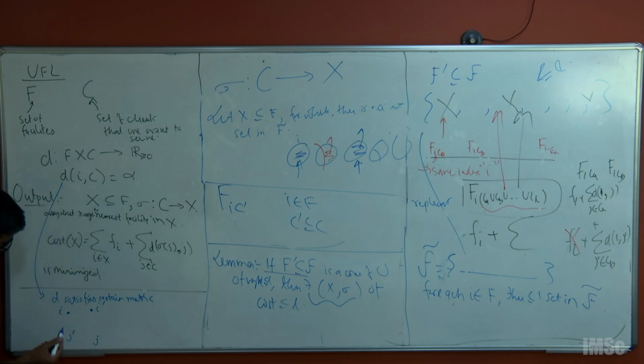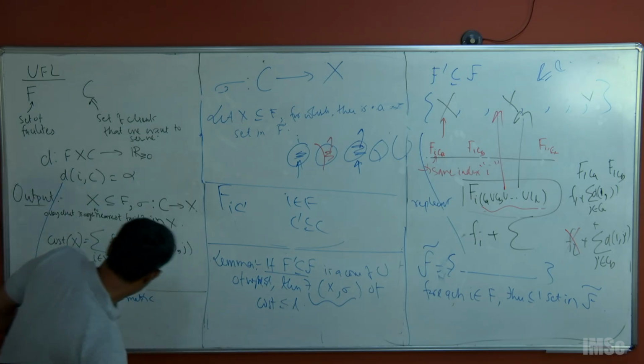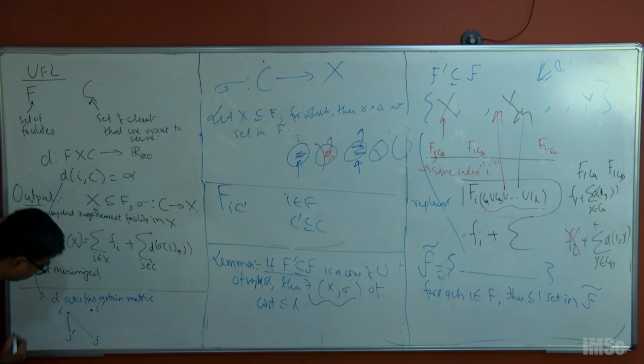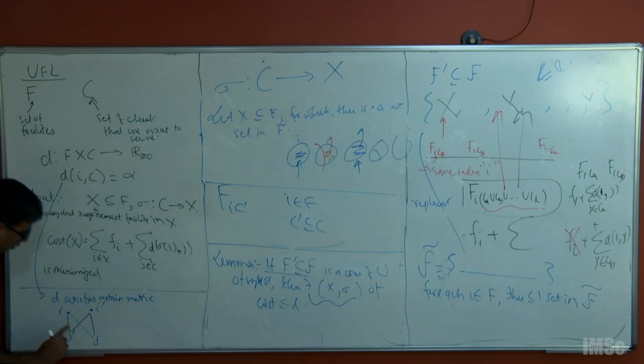What I mean, basically, is that metric always means that the direct distance is always shorter than when you take routes. So the green distance is going to be smaller than the path where I first go from I to J prime, to I prime, to J. So the black path is always longer than the direct path. This is basically what metric will mean. If you take a route detour, then it will always cost more.